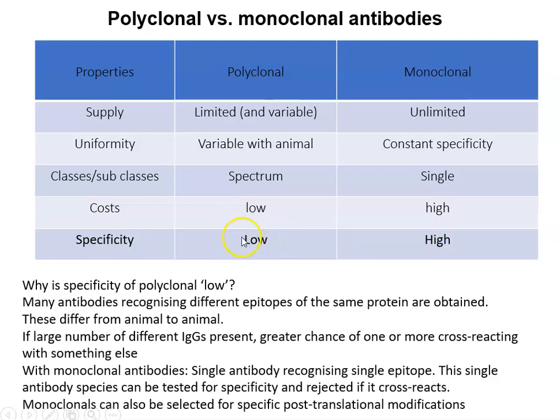Whereas with these polyclonal antibodies, you could have 30, 40, 50 different immunoglobulin proteins in there, all recognizing the same thing. And if you've got 30 or 40 of them, there's an increased chance that one of those might also, by chance, recognize something else. So polyclonals, by definition, have a lower specificity than monoclonal antibodies, and therefore monoclonal antibodies are very much preferred wherever you can get hold of them.